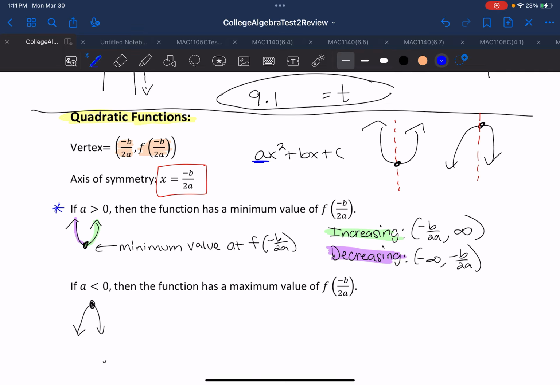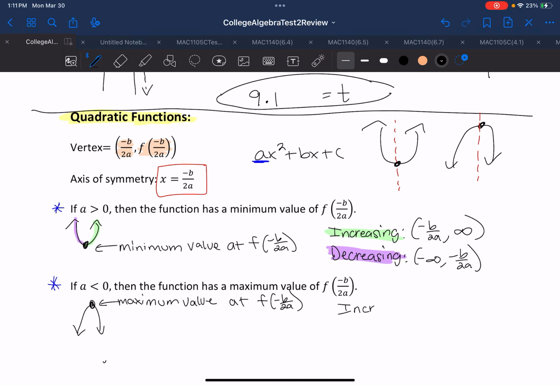And then the other case is when a is negative, the leading coefficient is negative, then our parabola will be pointing down, and we will have a maximum value at our vertex. And that will be the y value of the vertex. So that's the notation for the y value of the vertex, because the negative b over 2a is the x coordinate, and you plug that into the function to find the y coordinate.